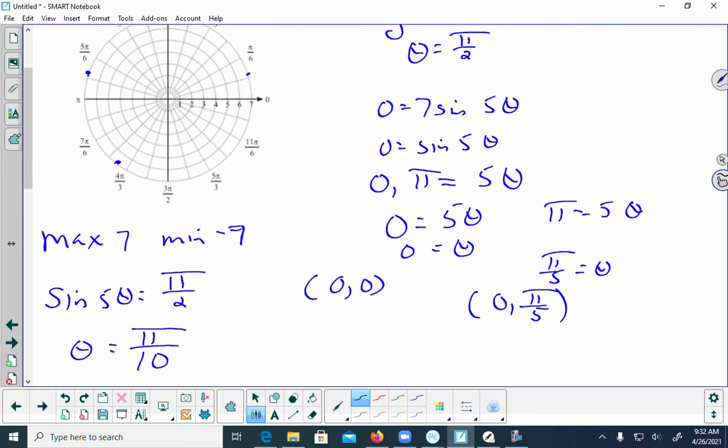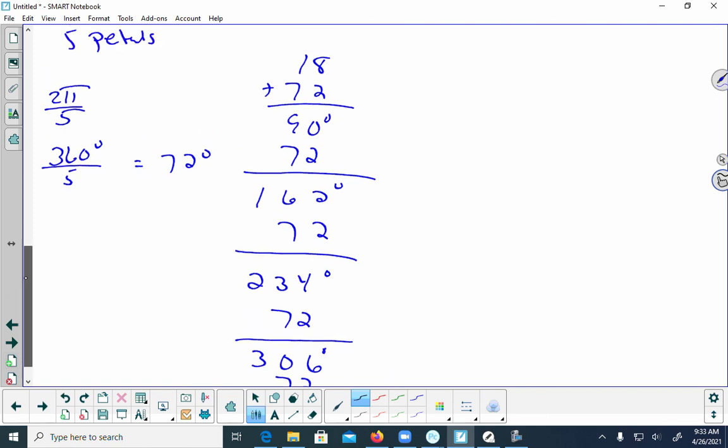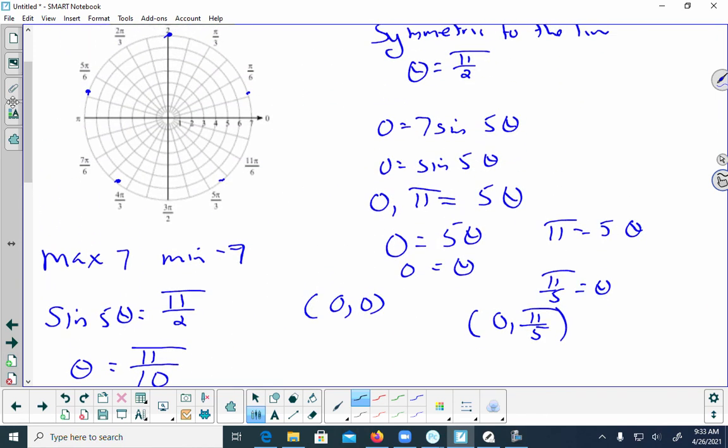So this is 315. 306 would be about here. And then if I'm having a good day, I don't know that I am, when I add 72 again, I should get 378, which is a coterminal angle for this guy right here.